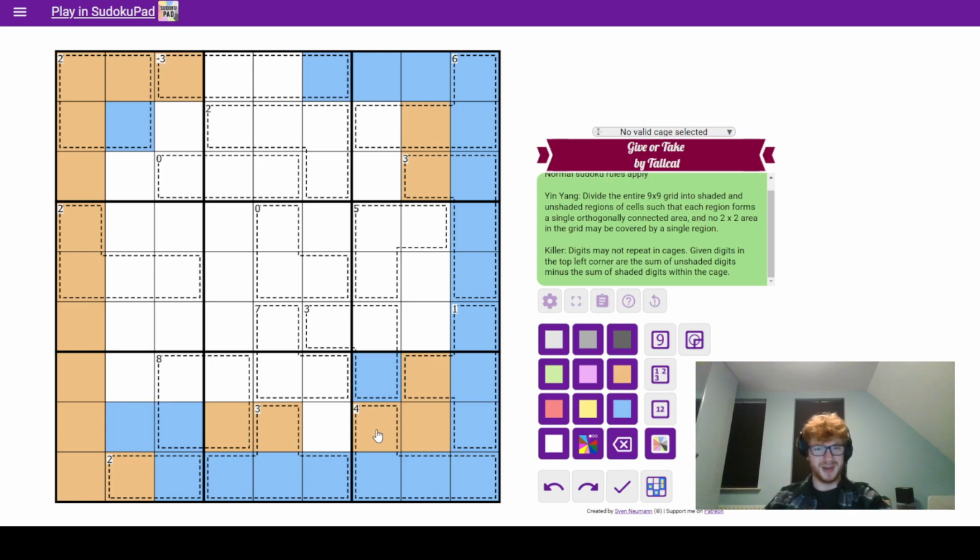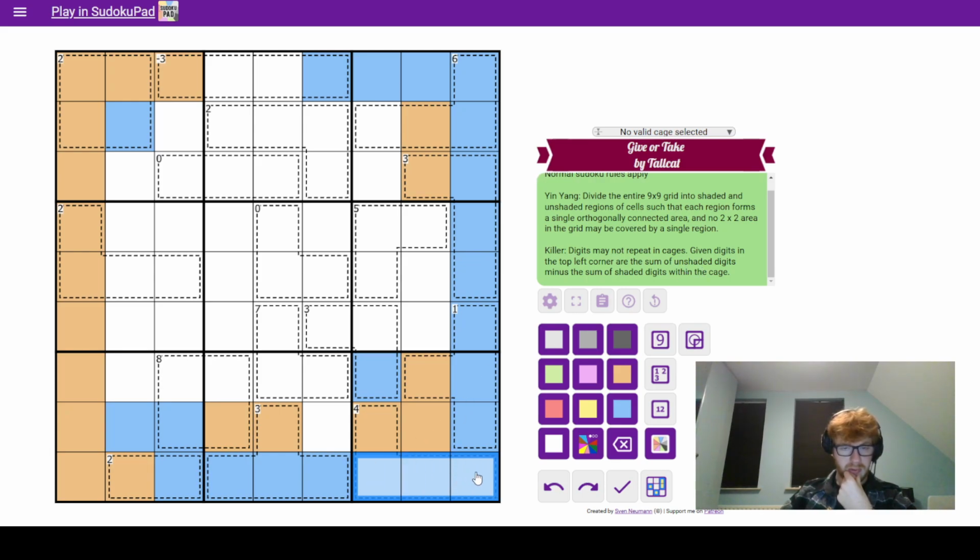We have a lot of coloring, but no numbers yet, which I think is common for these types of puzzles. Usually, you do a lot of coloring, and then the puzzle falls into place more or less. I wanted to look at this 4 cage because, well, maybe this 4 cage determines which is the shaded and which is the unshaded.